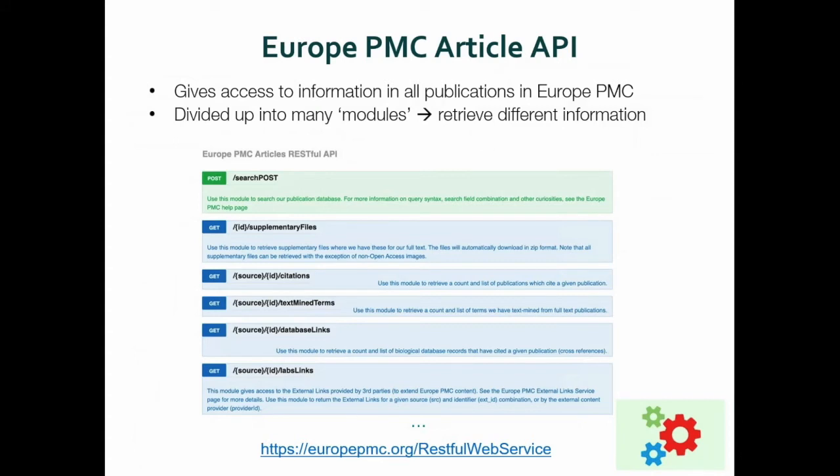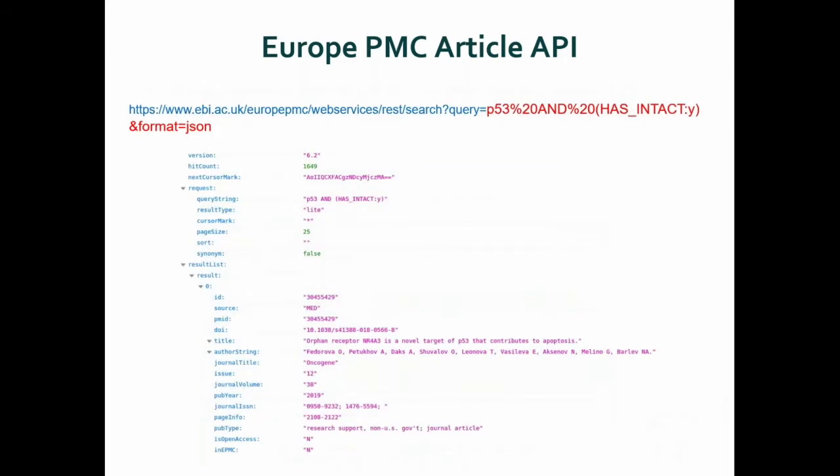This API provides modules to retrieve different sorts of metadata hosted by Europe PMC. For the query I just presented, you just have to use the search functionality, and it would look something like this.